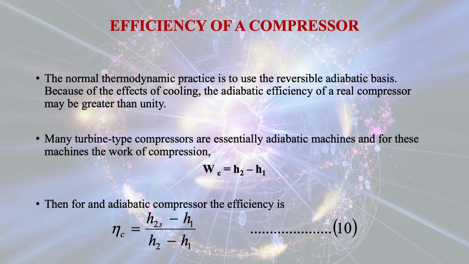Then for an adiabatic compressor, the efficiency is eta C is equal to H2s minus H1 divided by H2 minus H1.